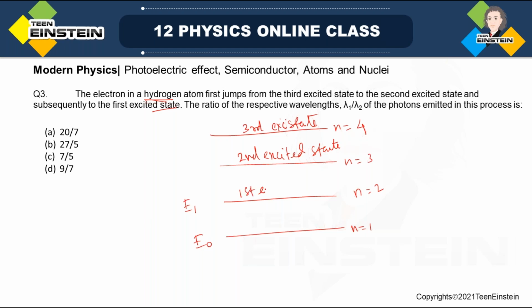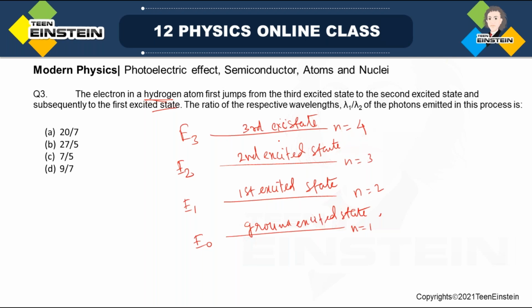This is the first excited state, and this is the ground state. This is E1, this is E2, this is E3.